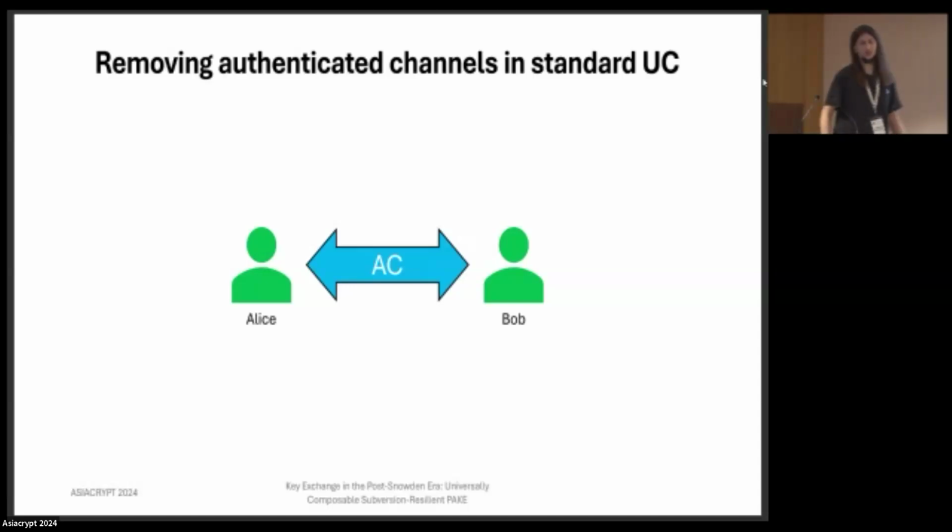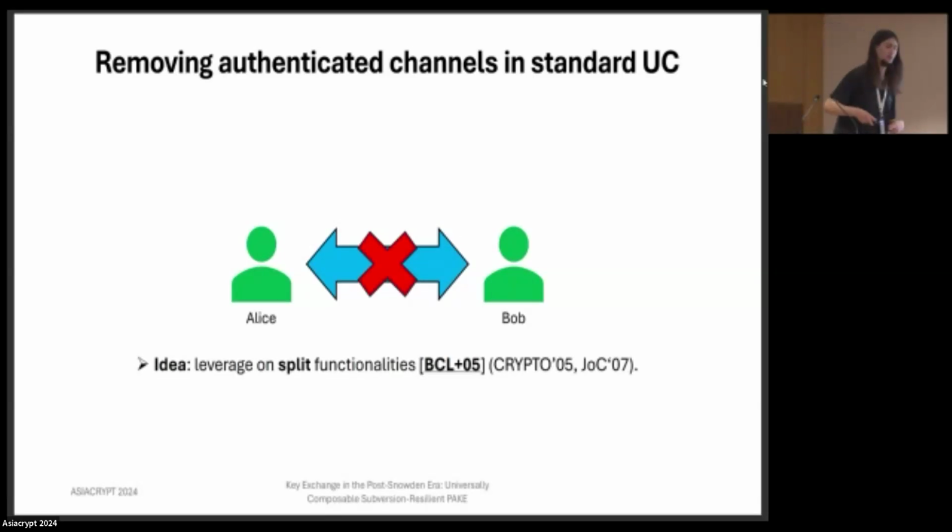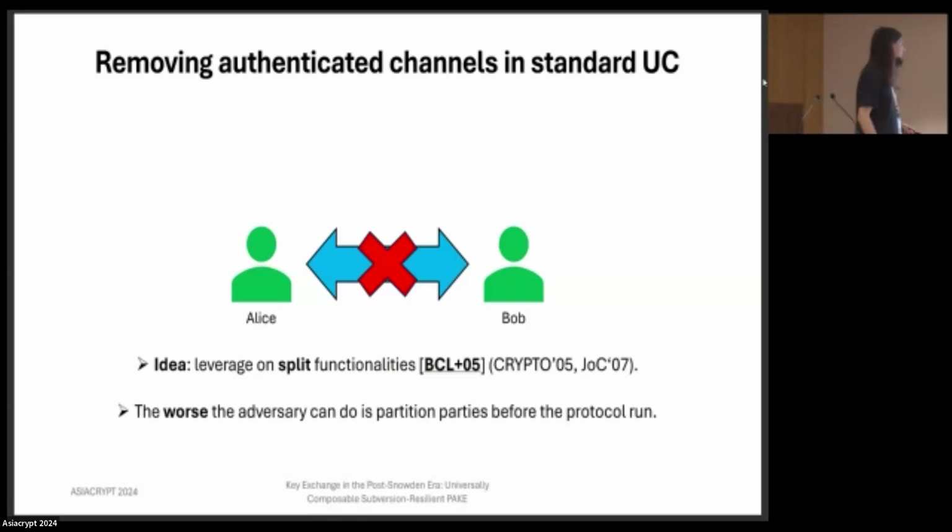So in standard UC, what happens if we kill authenticated channels? Of course, if we cannot have access to anything else, such as a PKI or stuff like that, the best we can hope for is something that was formalized with this notion of split ideal functionalities due to Barak and others in 2005. The idea here is that the worst the adversary can do is partition parties before the protocol run.